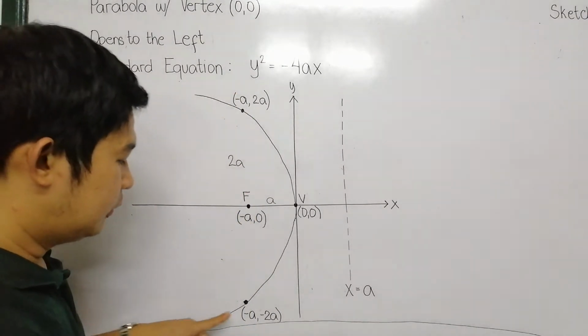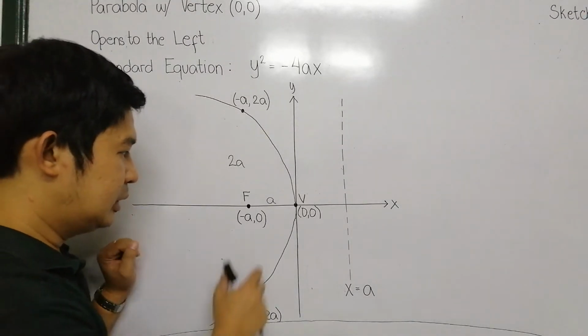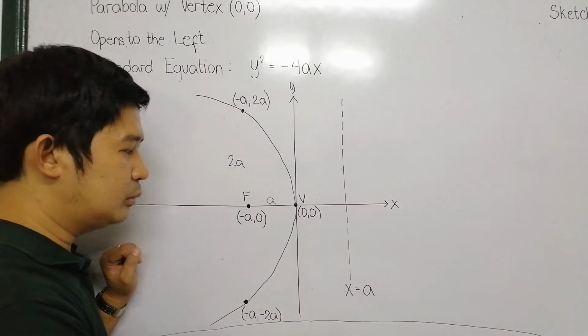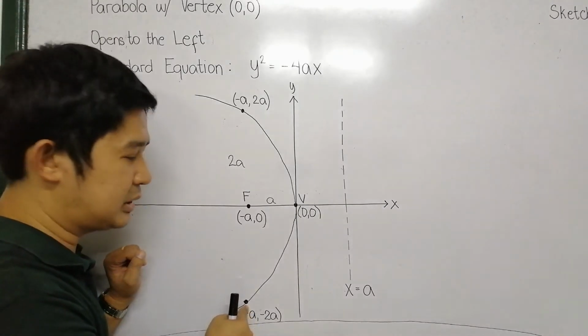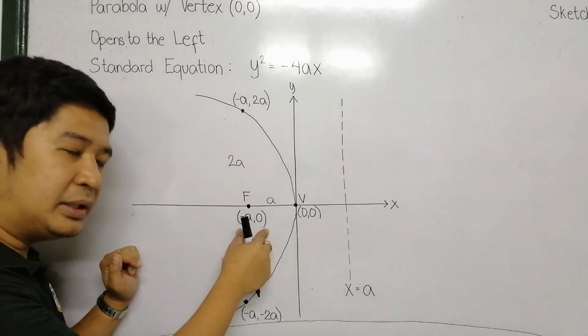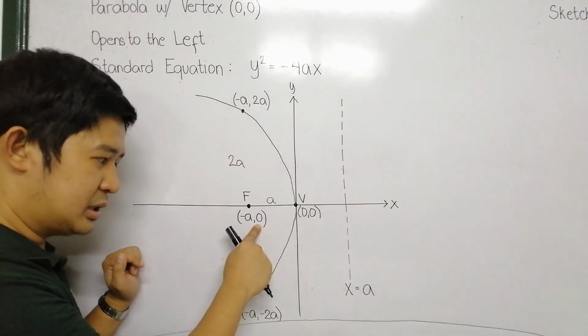Okay? Now, for this endpoint of the latus rectum, as you can see, there is no horizontal movement, only vertical movement downward from focus up to this endpoint of the latus rectum. Therefore, from the coordinates of the focus, only the y coordinate will change.